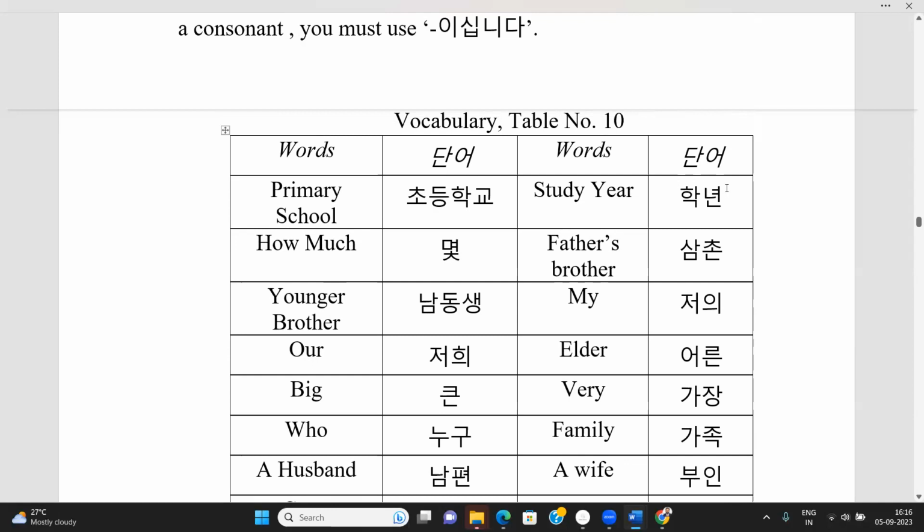My 제. Elder 어른. Very 가장. Family 가족. A wife 부인.